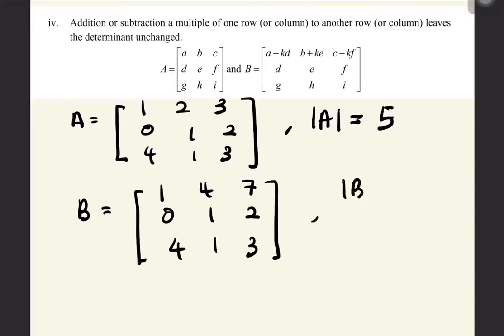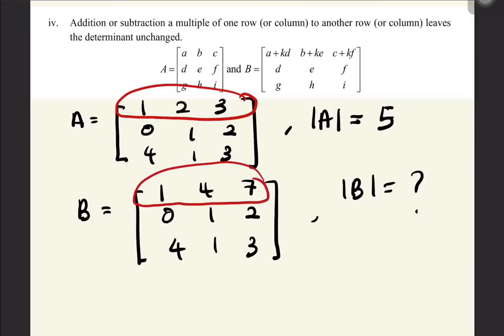And you are asked to find the determinant of matrix B. So if you compare, only the elements in the first row of matrix A are not equal to the elements in the first row of matrix B, while the second row and the third row remain unchanged.